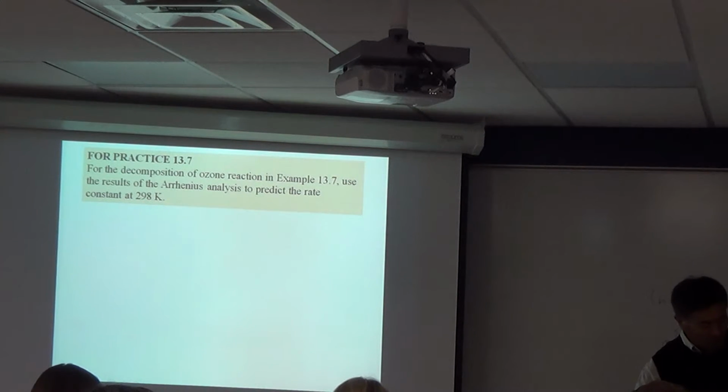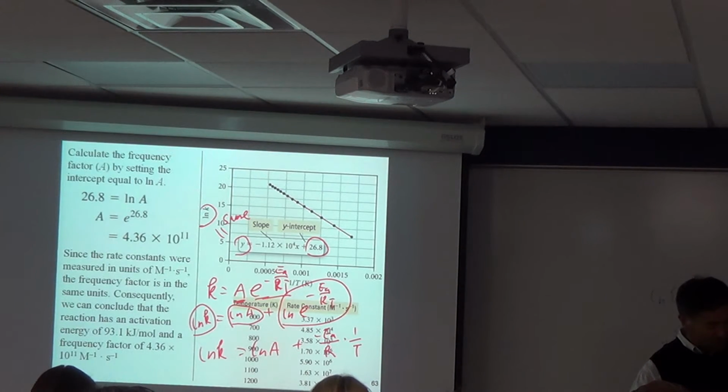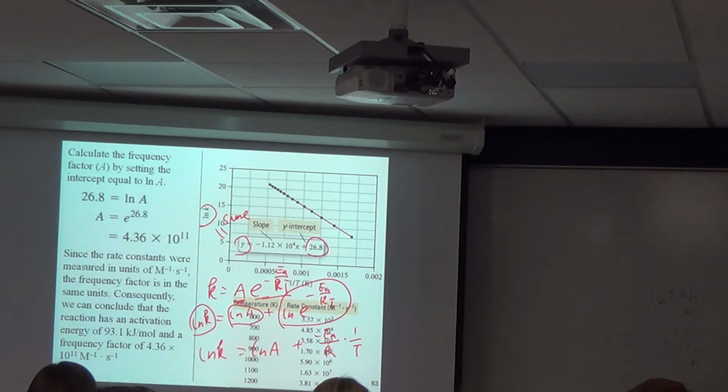That will give you ln k equals negative 1.12 times 10 to the 4 K something, right? Just go back and see this equation.